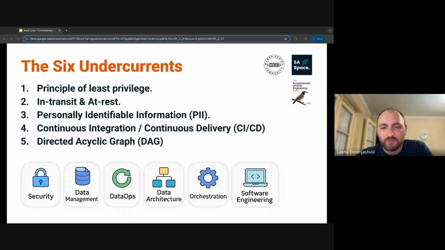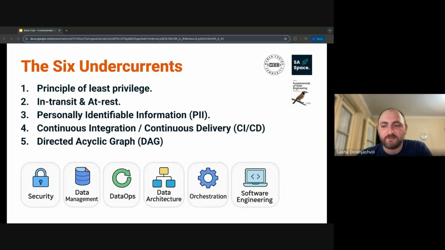And we also have the software engineering undercurrent. It's because as data engineers, we try to employ different software engineering best practices in our work. For example, we use the same tooling like Git and others.